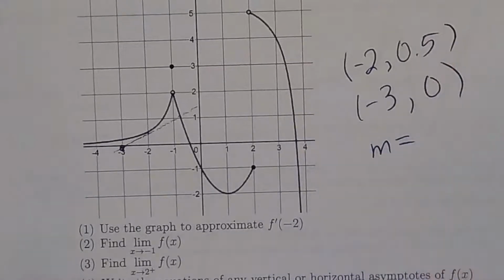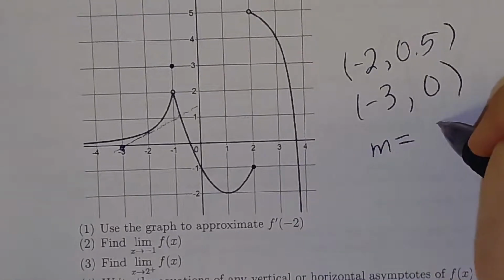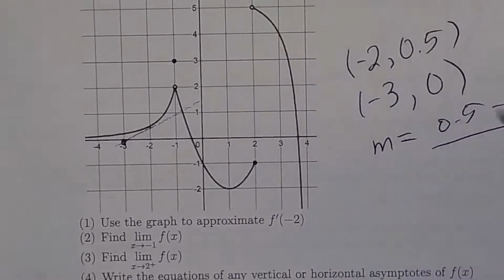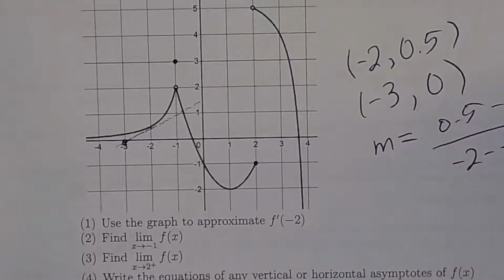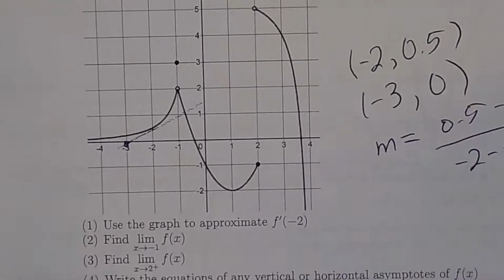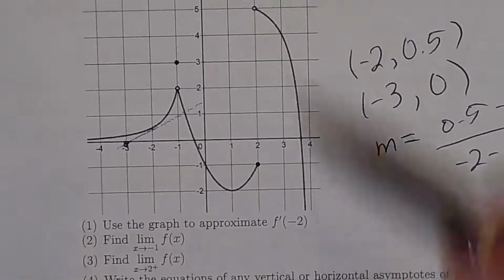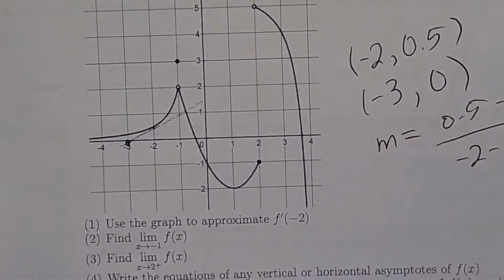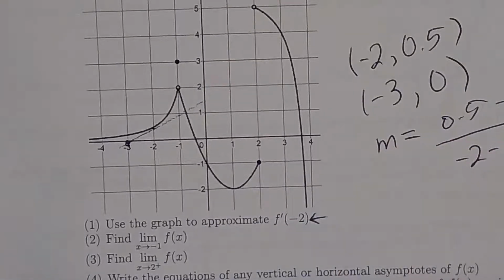Then you can calculate the slope between these 2 points as 0.5 minus 0 divided by minus 2 minus minus 3, which will be 0.5. So you'll get that the derivative here is approximately 1/2, or 0.5, however you want to write it. So that will be that question.